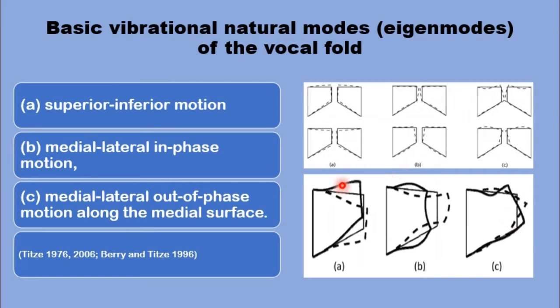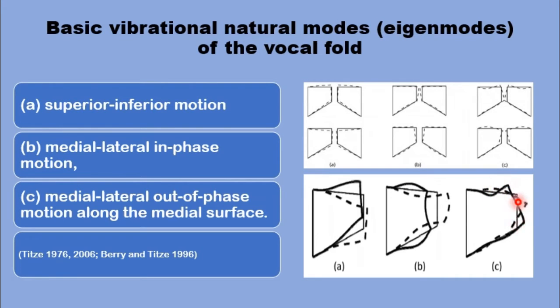The third type of motion during phonation is up and down movement, superior to inferior. And there is considerable argument about whether this is a separate pattern of vibration or actually just a part of these two. As you can see, during these two patterns, there is some leveling up of the upper end of the vocal fold.